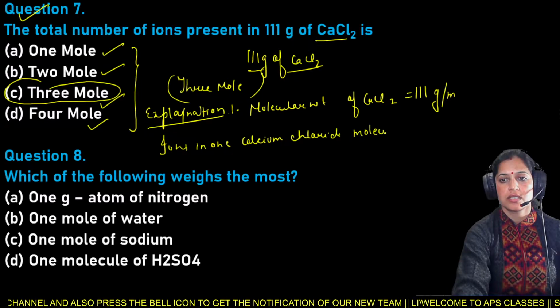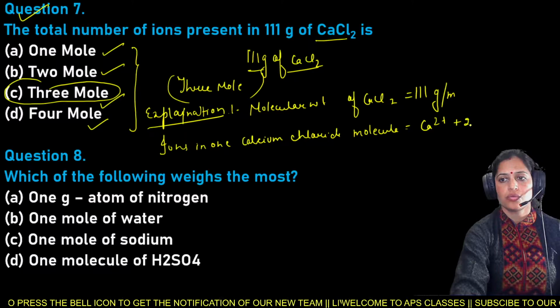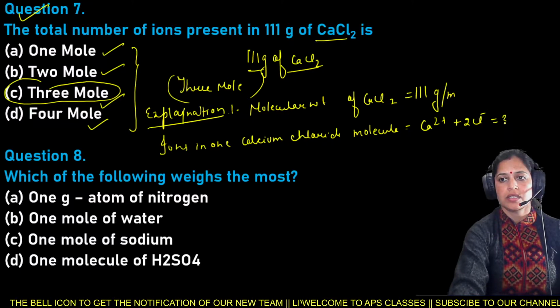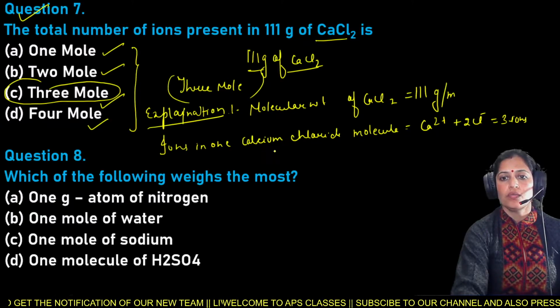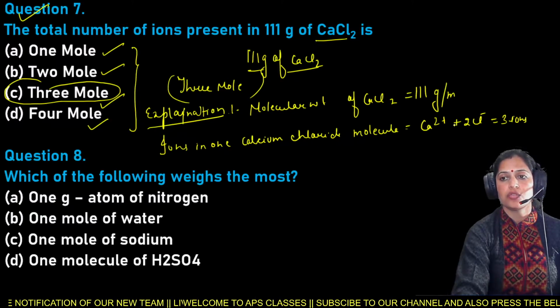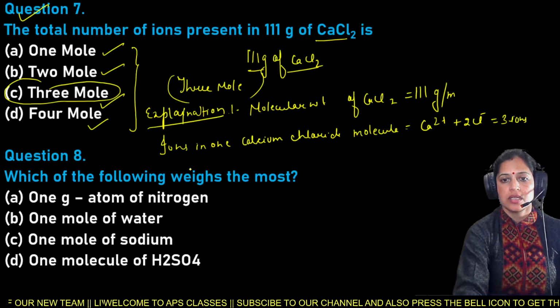So the ions in 1 calcium chloride molecule is Ca2+ plus 2Cl- is equal to 3 ions.